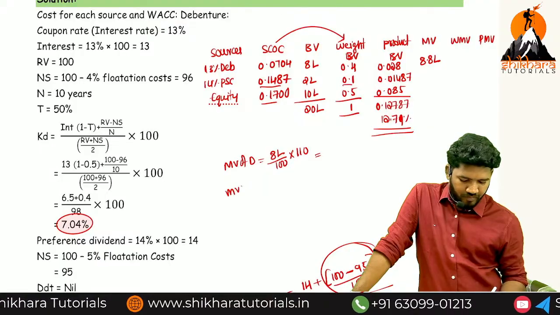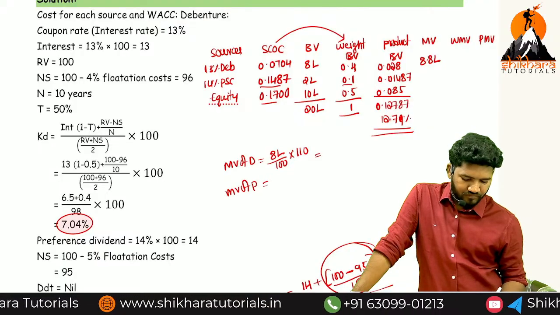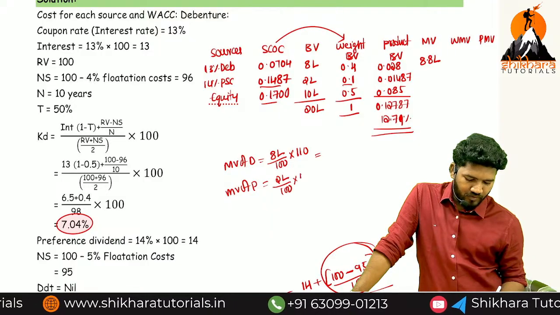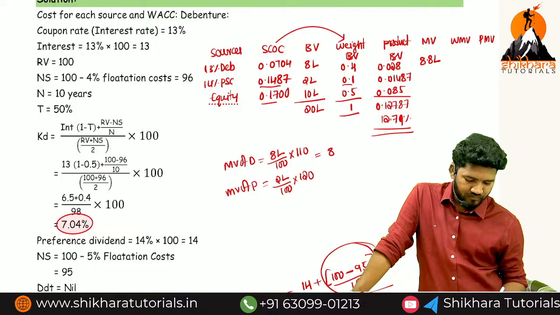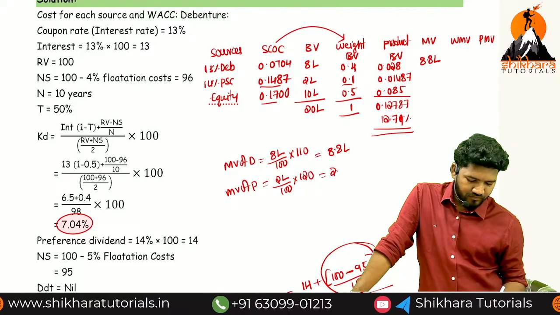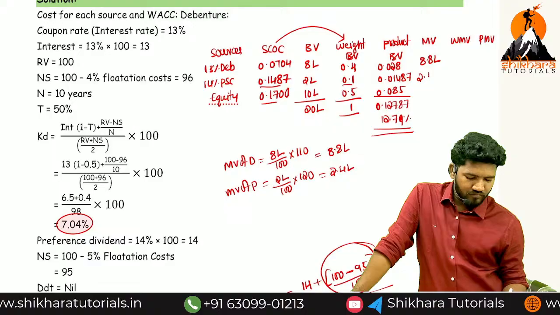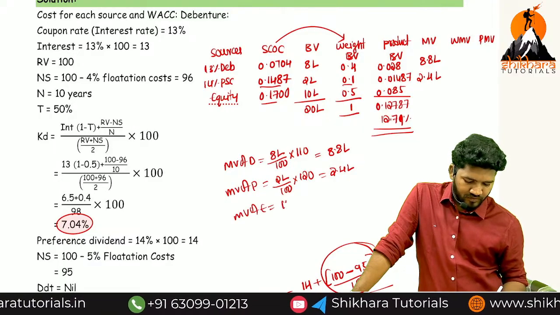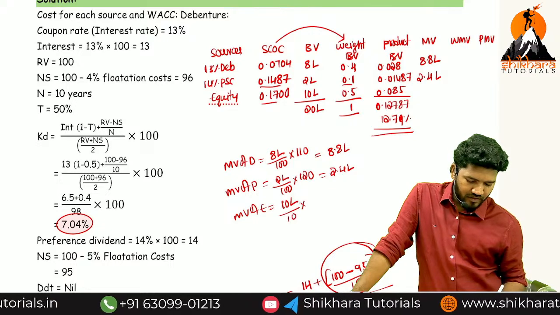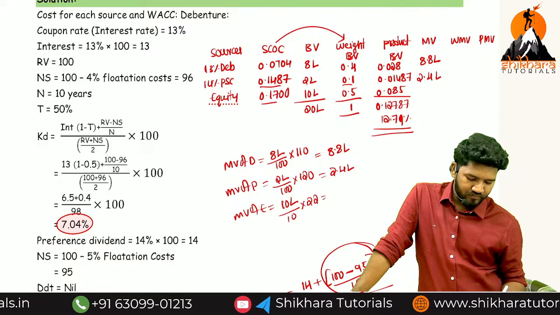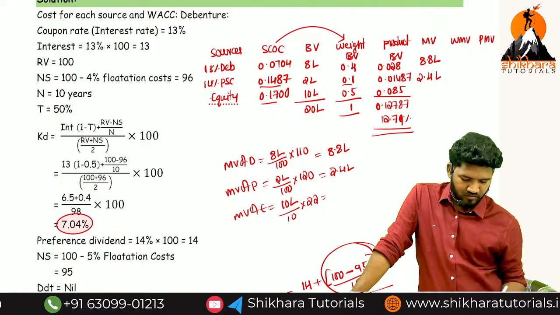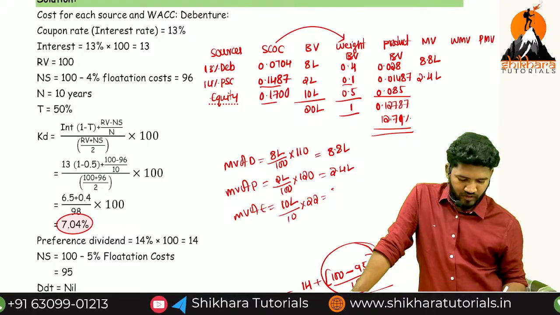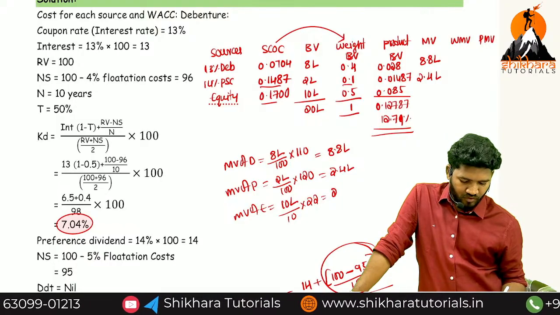Next, market value of preference shares. 2 lakh divided by 100 into 120. Market value of equity. 10 lakh divided by 10 rupees into 22 rupees. 22 lakhs only.